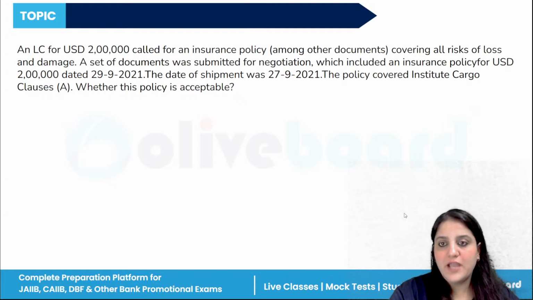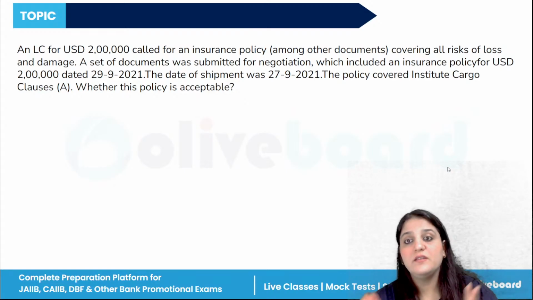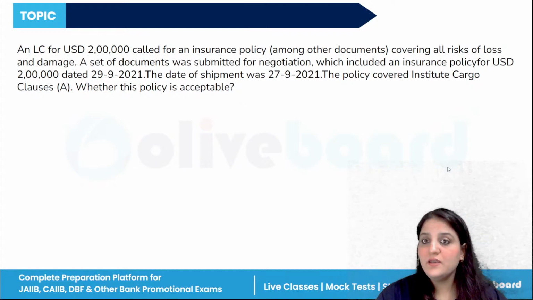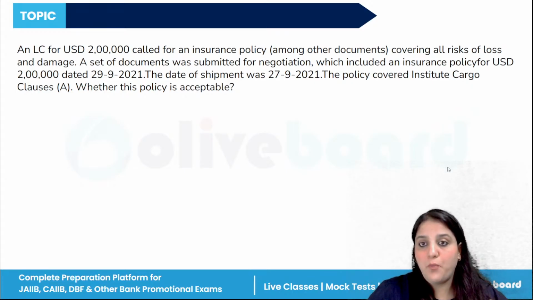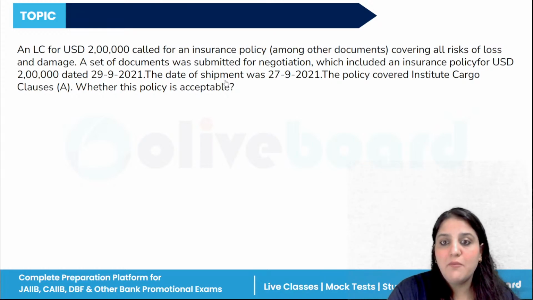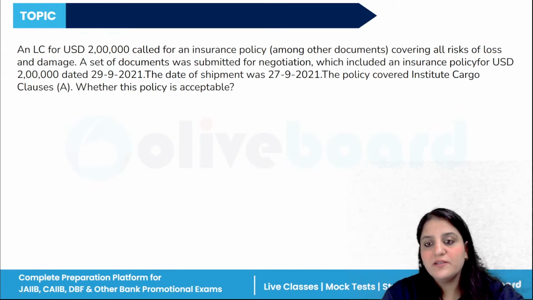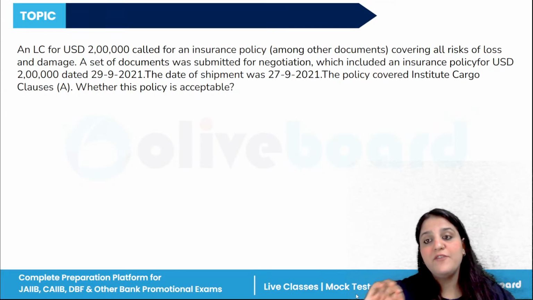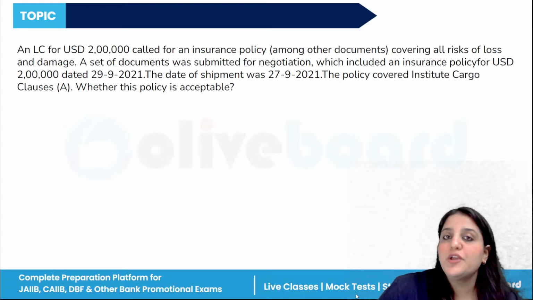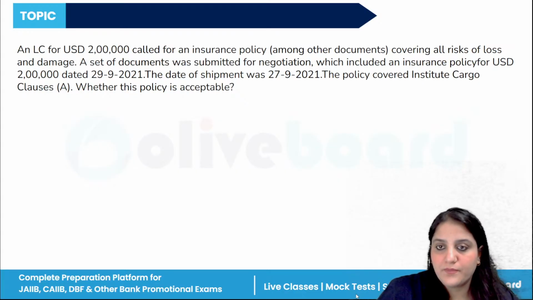To determine this, we check whether the insurance policy is submitted properly or not. Here the LC amount is given, that is US dollar 2 lakh, right? Now the policy amount is given as US dollar 2 lakh. We must evaluate according to the UCP 600 rules.